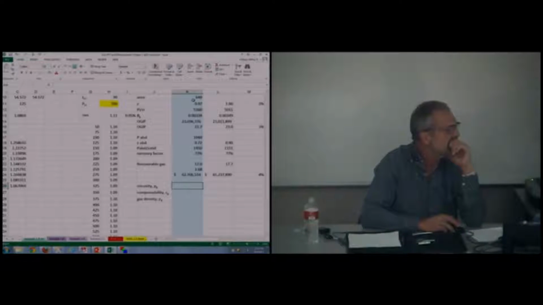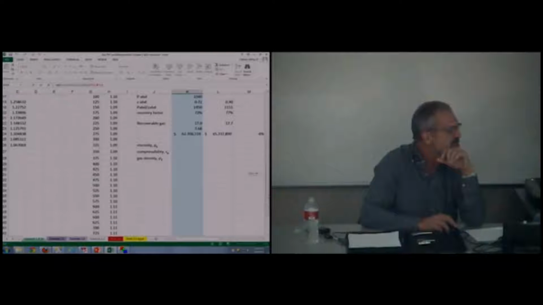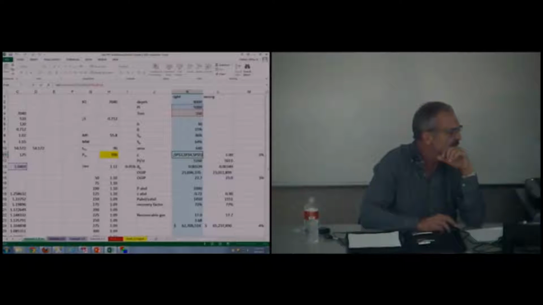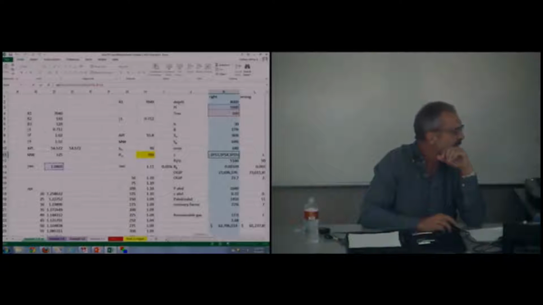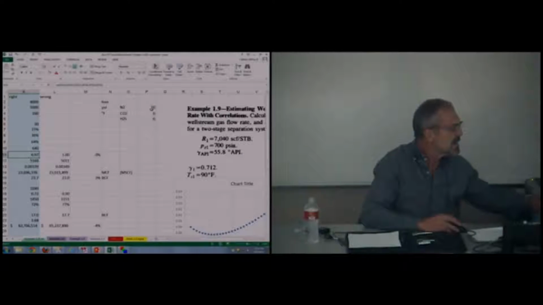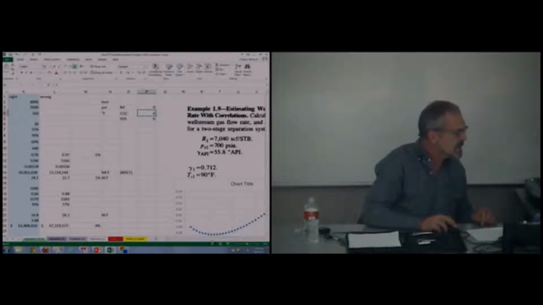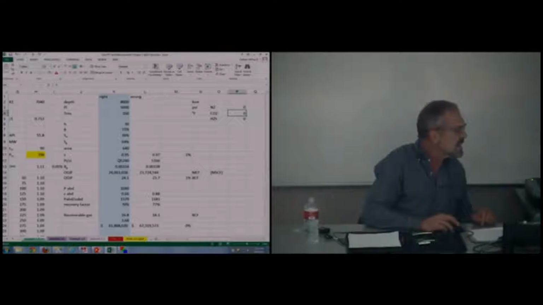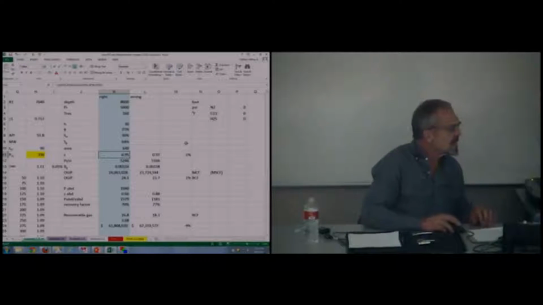I'm going to look at ZI. ZI is a function of temperature, pressure, impurities, and gas gravity. I'm going to get rid of that 10. Okay? Now watch this little trick. So ZI, I'm going to copy it.